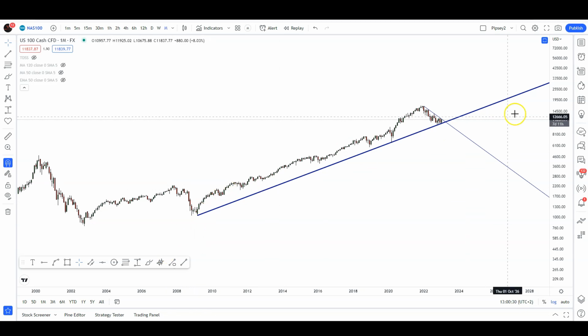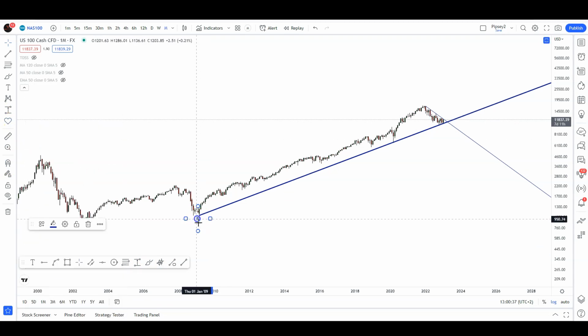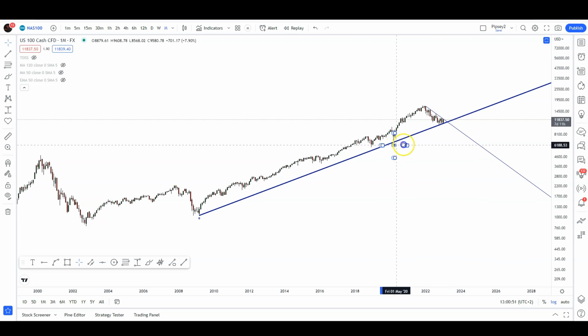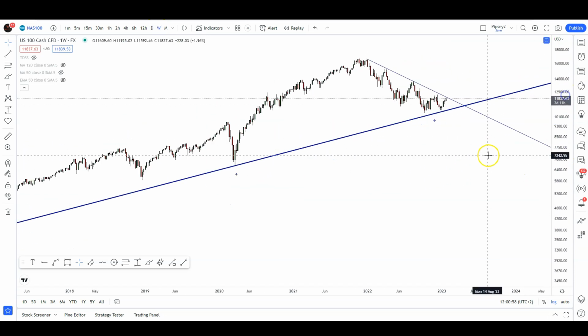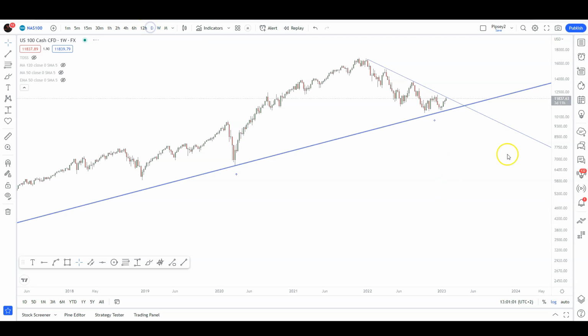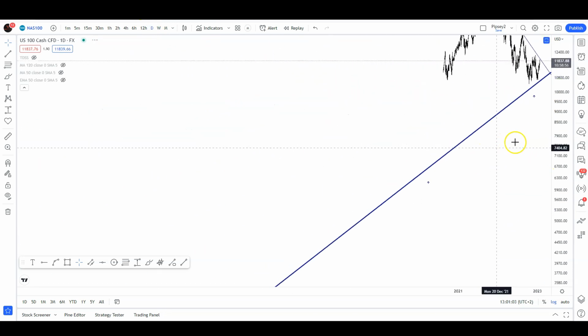So I drew out this main trend line we have here, where we formed support, and I don't want to call this next one quite support yet, because we didn't quite reach it, as you guys can see.